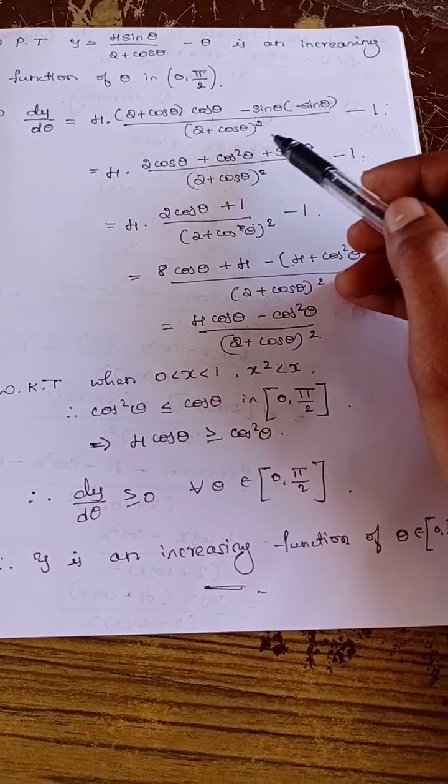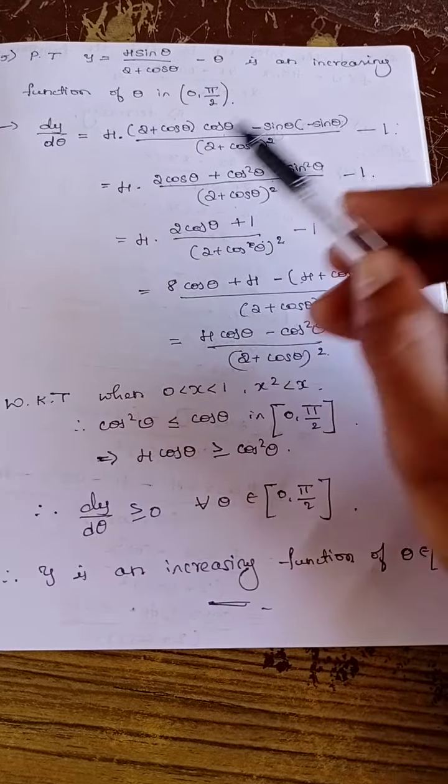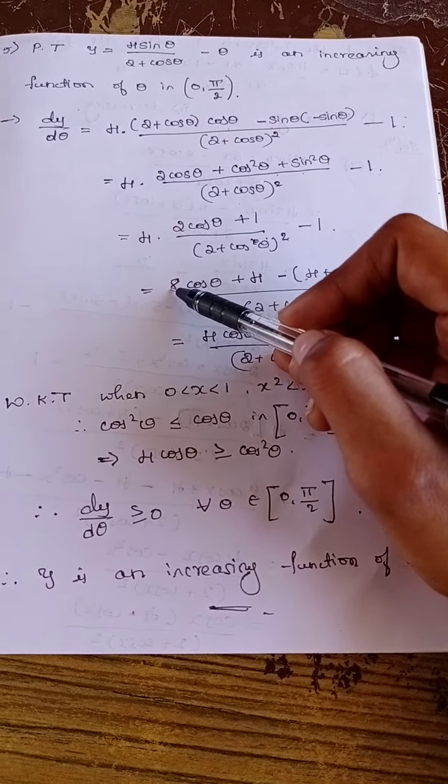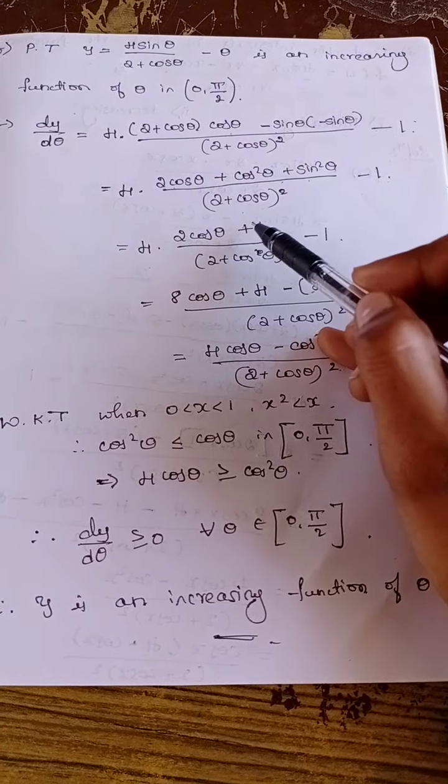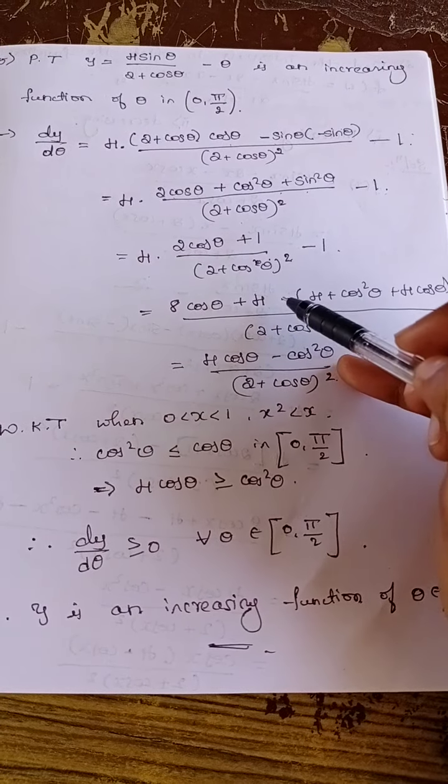We know that cos square theta plus sin square theta is equal to 1. So 4 into 2 is 8 cos theta plus 4 into 1 is 4, minus 1.